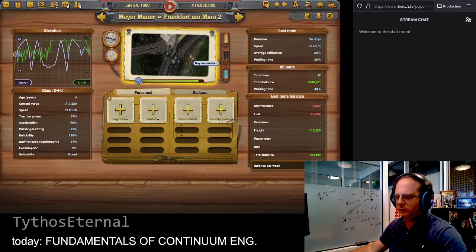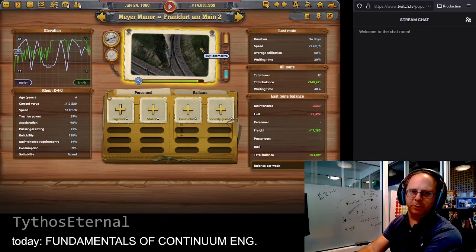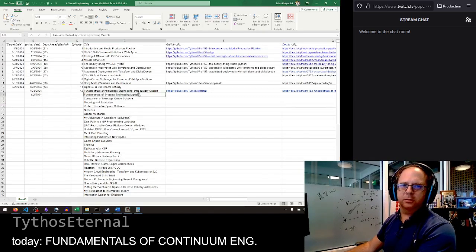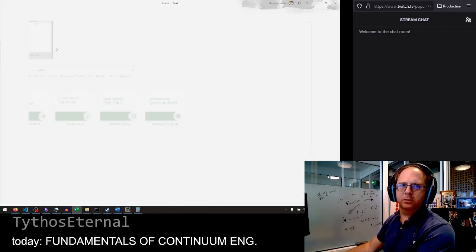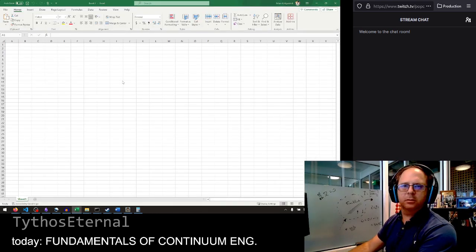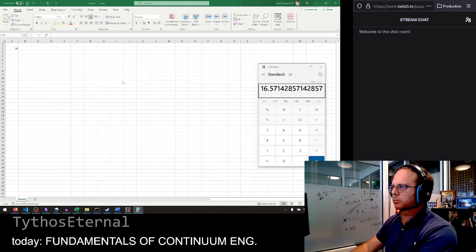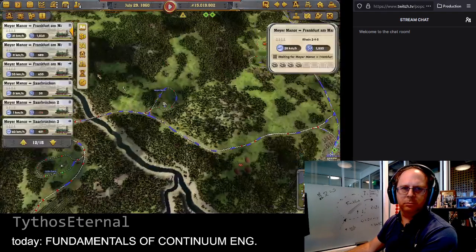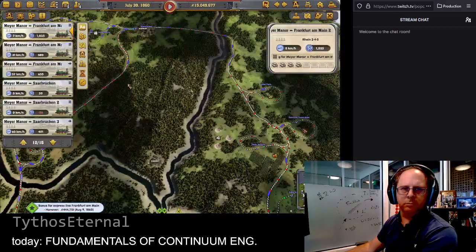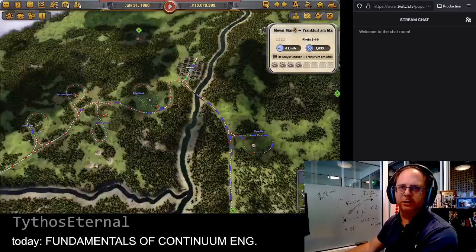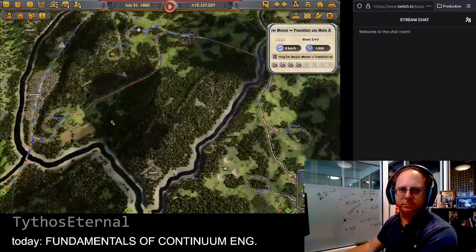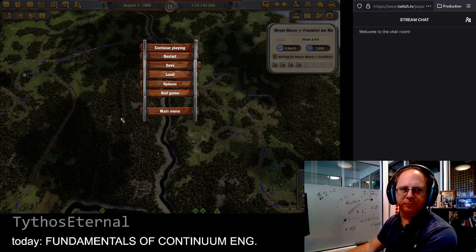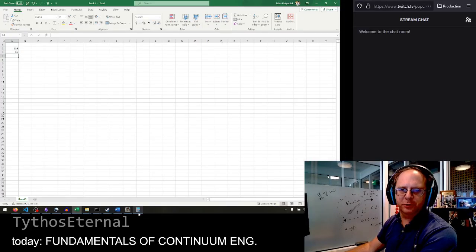96 days. I feel a spreadsheet coming on. That wheel got stuck, didn't it? Ooh, that's going to make me nauseous. Okay, let's assume that averages out to 100.